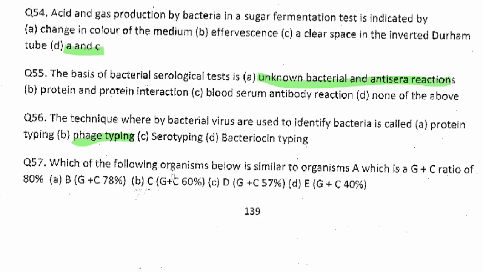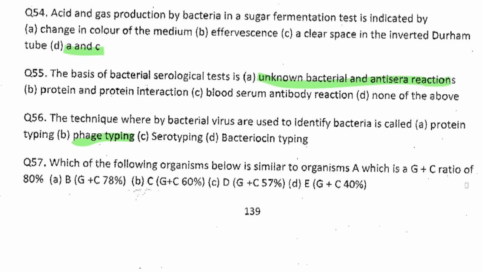Which of the following organisms below is similar to organism A, which has a G plus C ratio of 80%? Now look at this question carefully. Which of the following organisms below is similar to organism A, which has a G plus C ratio of 80%?